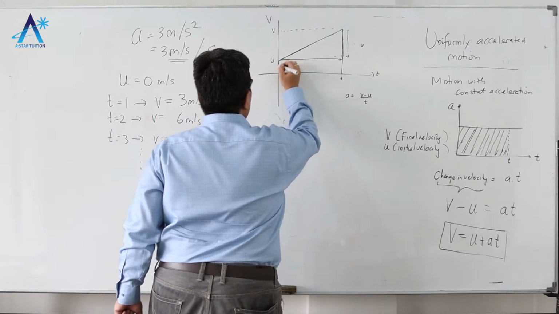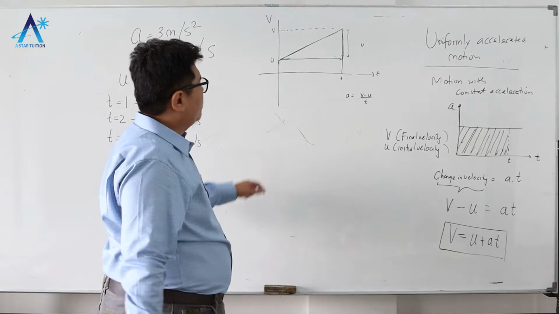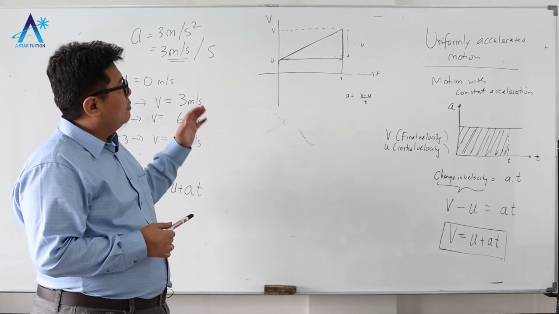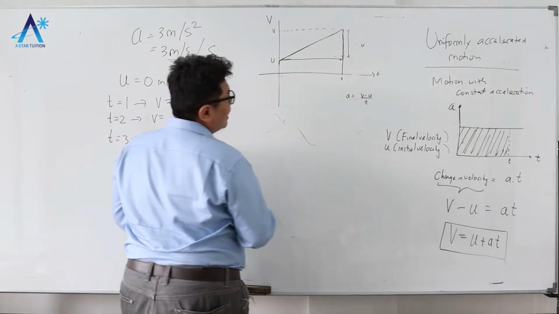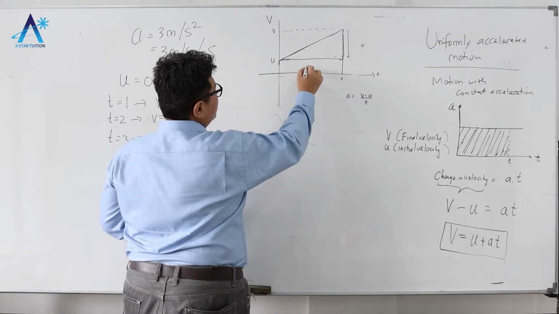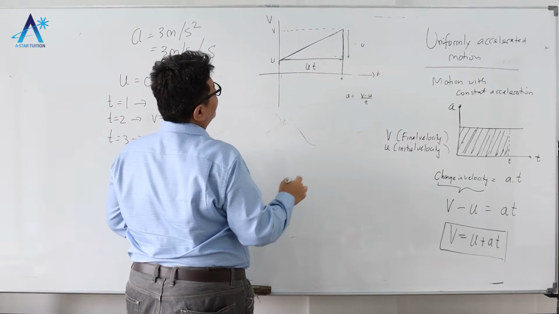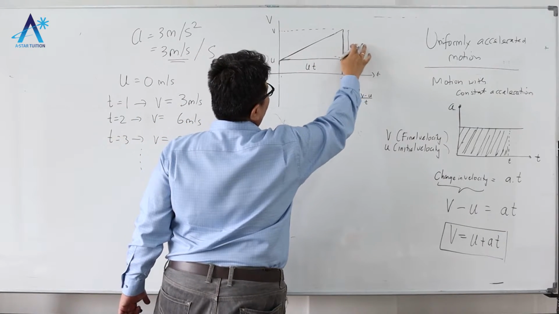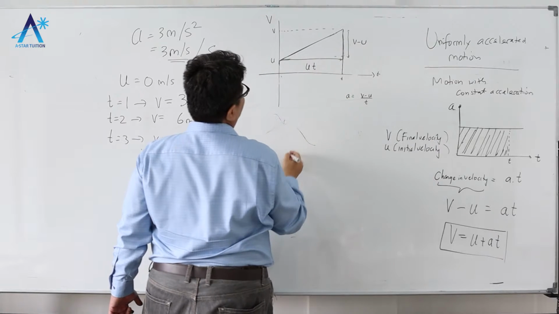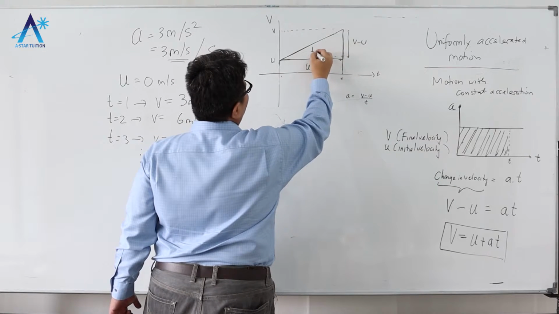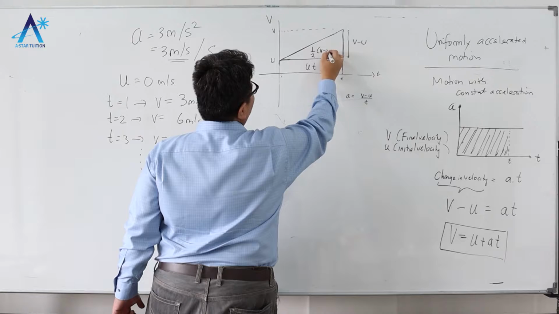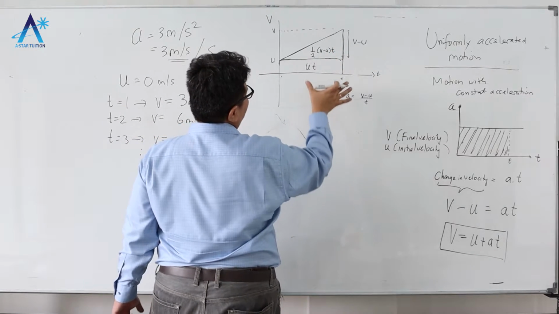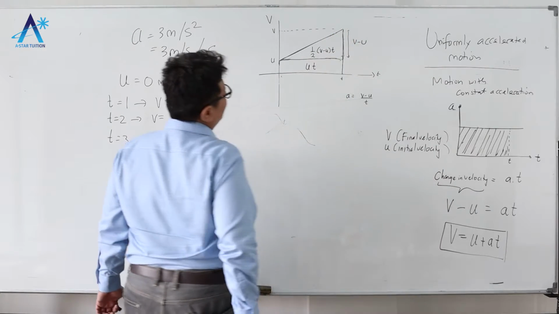You can actually use the trapezoidal formula if you're familiar, but most students will break it down into two areas. The area of the rectangle is u times t, and the area of the triangle here is, now you can see this is v minus u, and this is t, so this is half times base, which is t, times height, v minus u.